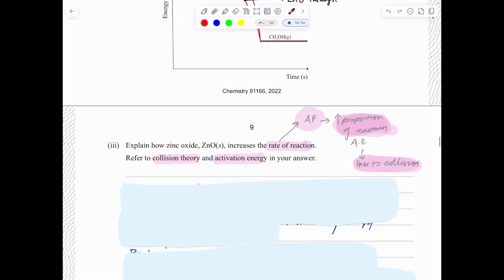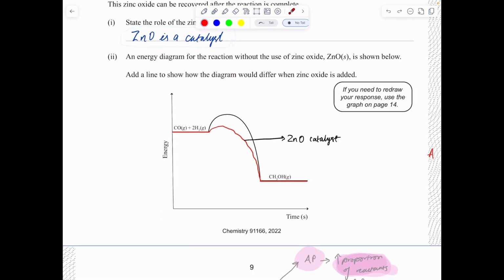So, let me explain. Think of these lines over here, without and with catalyst, as a little bit of an analogy. Okay, I love my hills, so I'm going to use a hill analogy. So, pretend you are on a journey taking NCEA, okay?